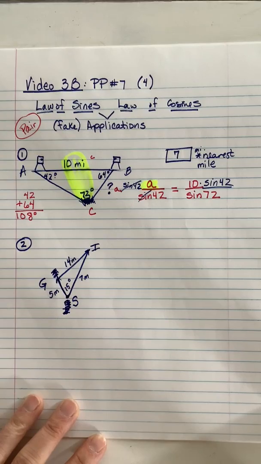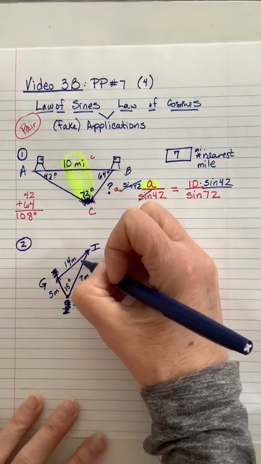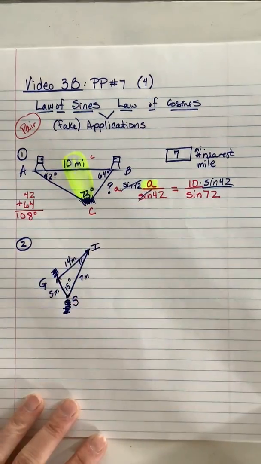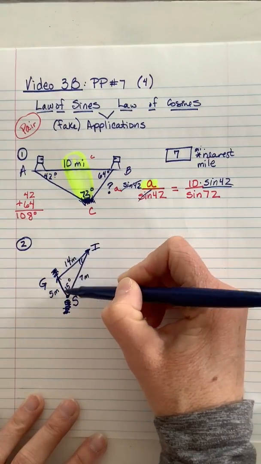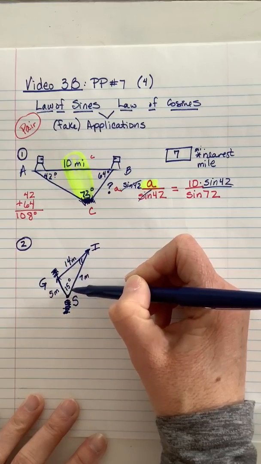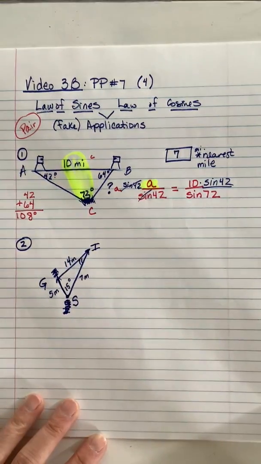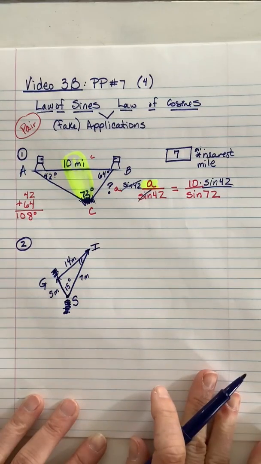So one of our questions is going to be what angle is created here? Well, once again, I see I've got that complete pair. So I would use law of sines once more for this one.